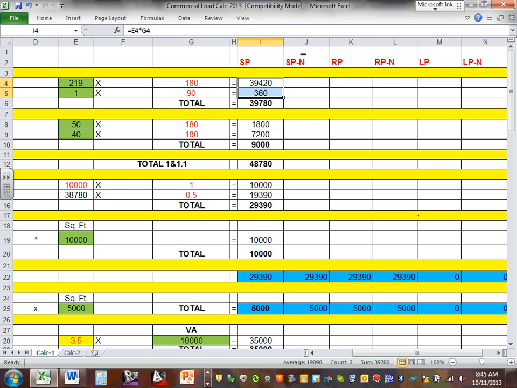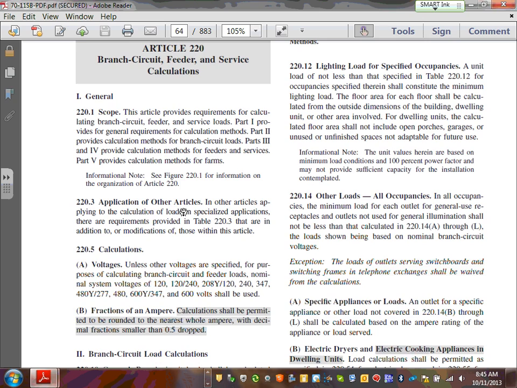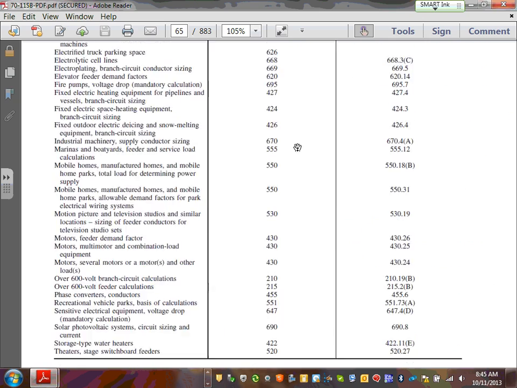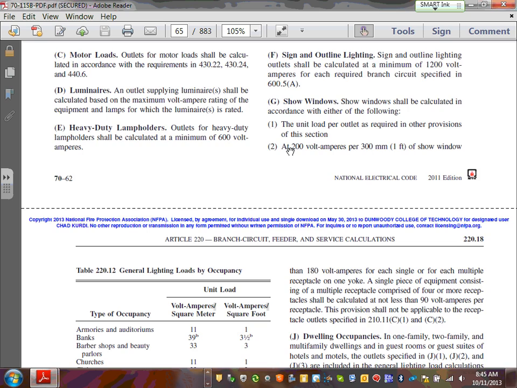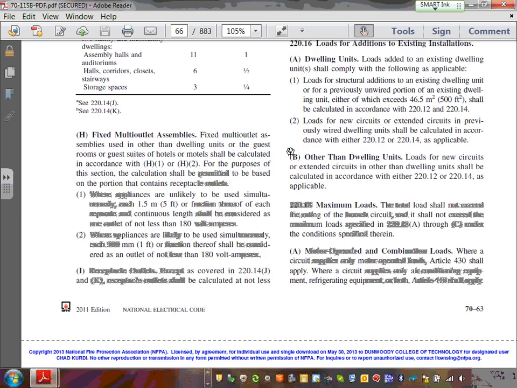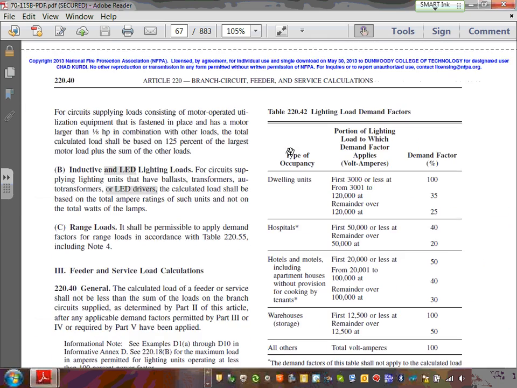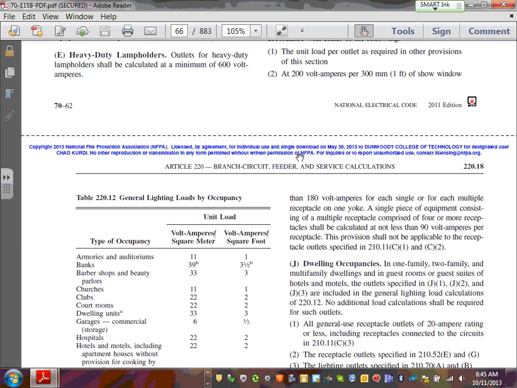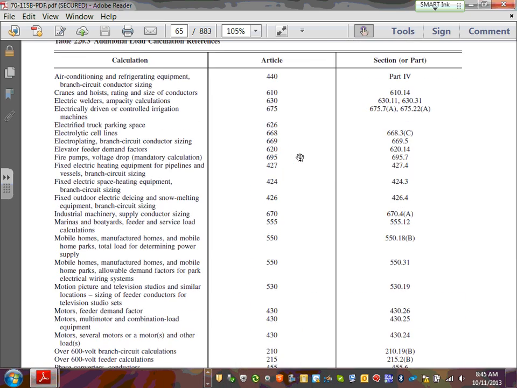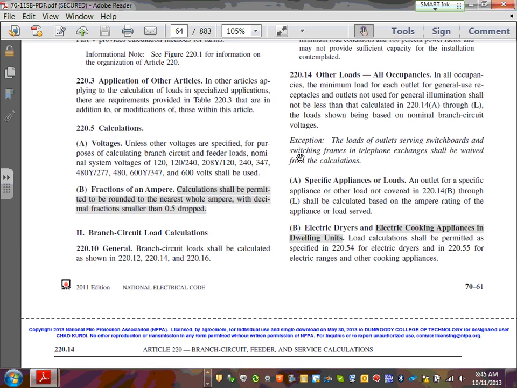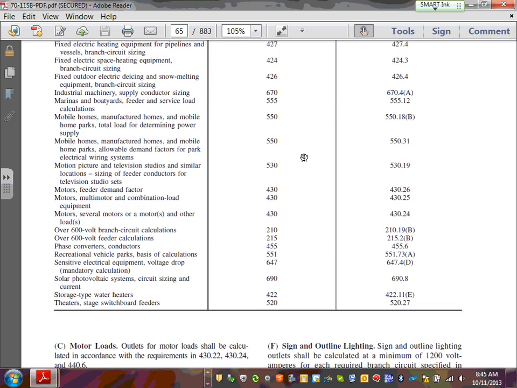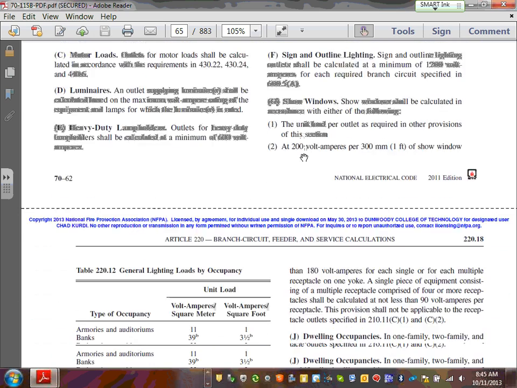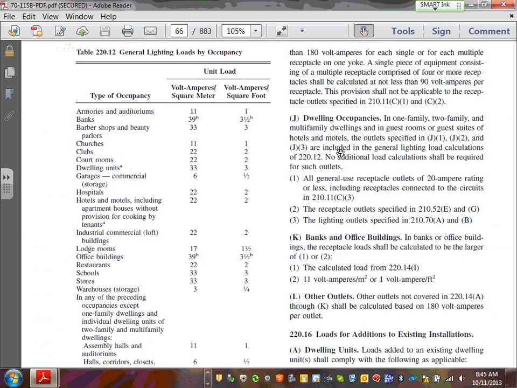If you go to the NEC code book, 220.14, where am I here? Okay, so 220. Okay, here's 14. Here you go.